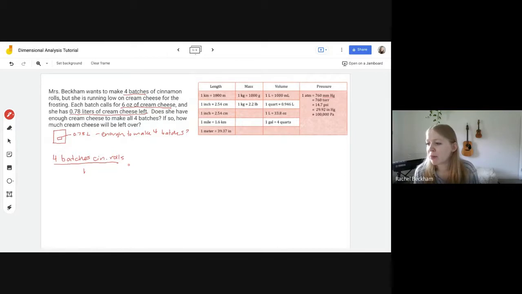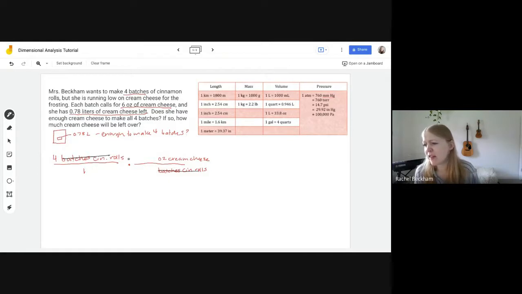And then we multiply. What I'm going to put on top first is the ounces of cream cheese that I need. And what I'm going to put on bottom is always going to be what the previous thing was. So batches of cinnamon rolls goes on bottom there so that it will cancel out.